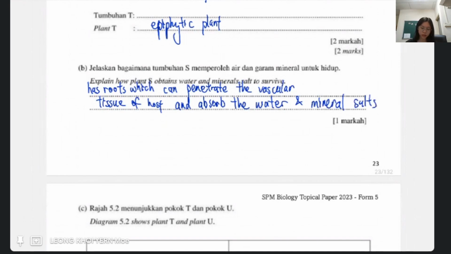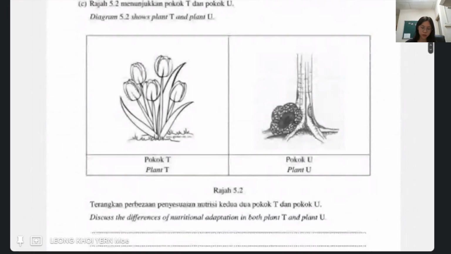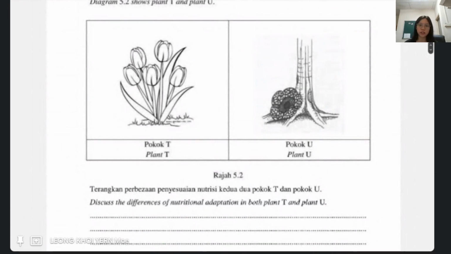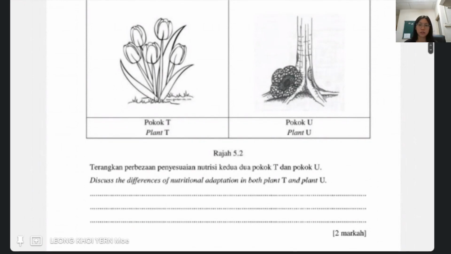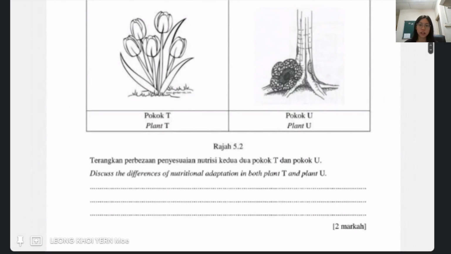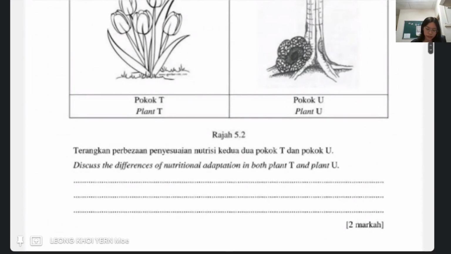So right now, this one is showing plant T and plant U. Plant T is just an ordinary flowering plant, and plant U is the parasitic plant. So they want us to discuss the differences of nutritional adaptation in both plant T and plant U. This is basically wanting you to differentiate between them.